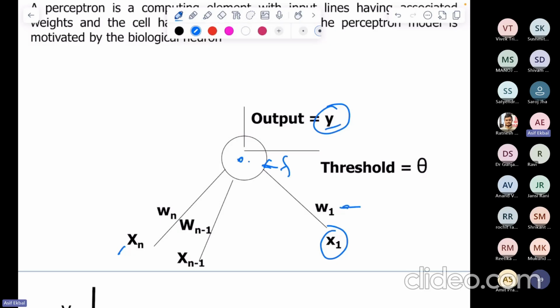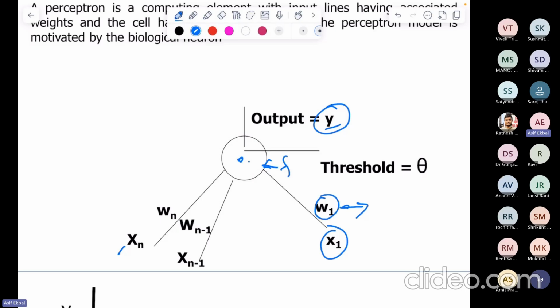Weight is important because all the inputs are not equally important. Let's say X1 may be very important, so the weight of this input will be higher. If you find that X2 is not very important, then it may not have as high a weight as this.